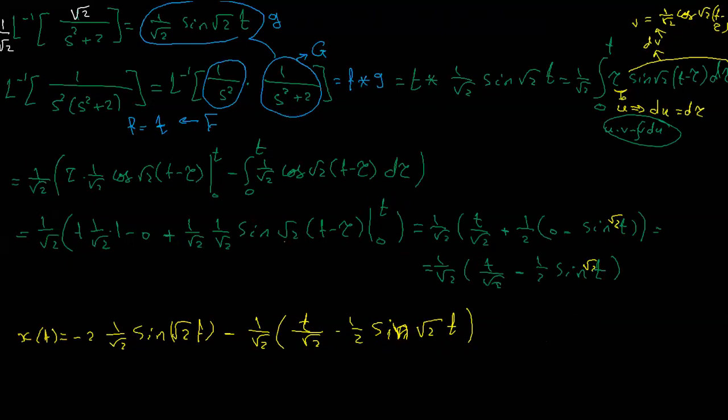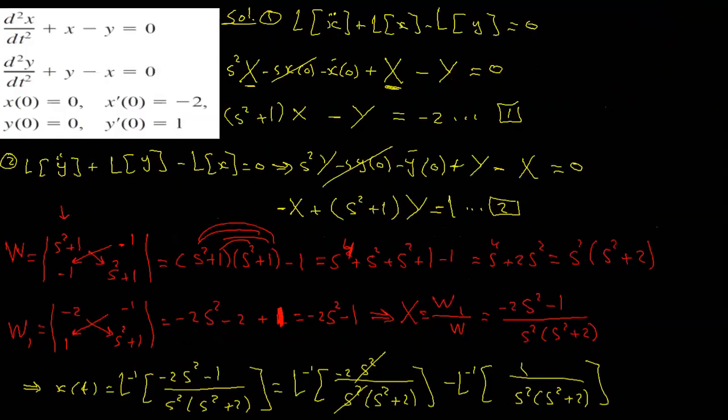I found the x. I didn't find the y. Now, notice your x contains only t and sine. Go back to equation number 1.